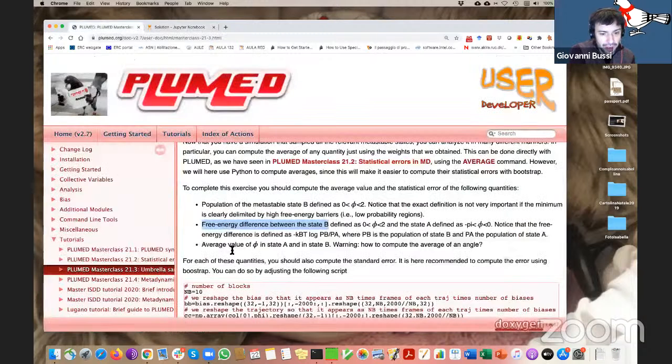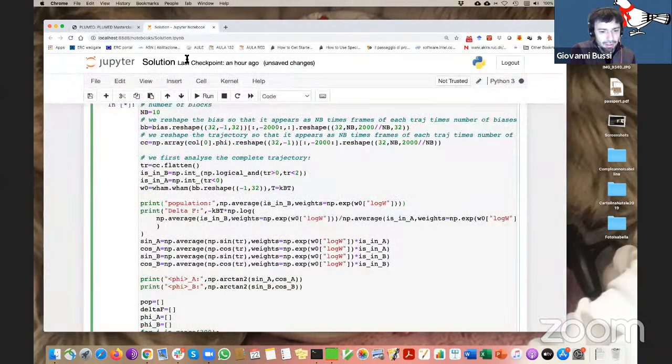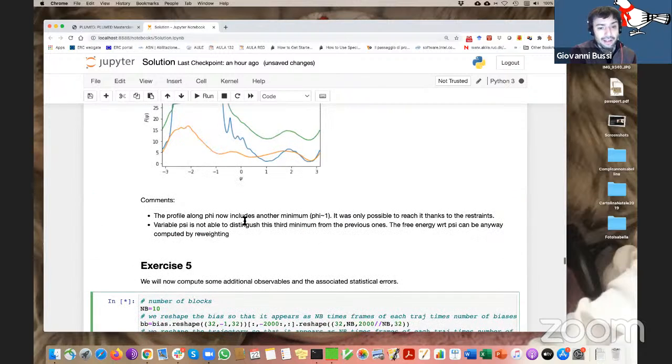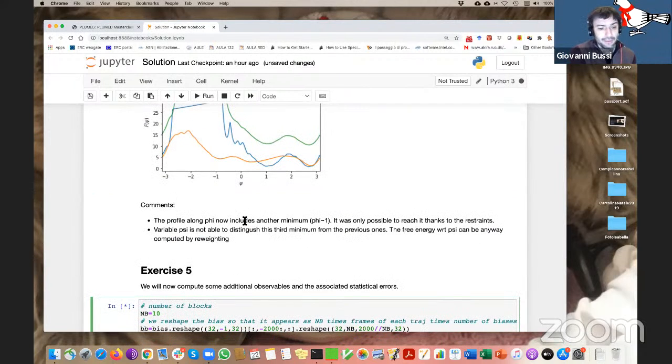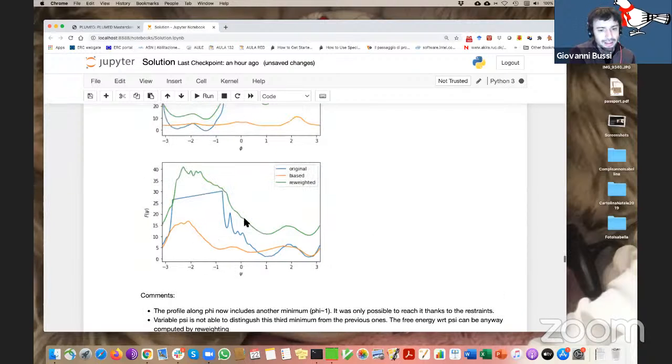Average value of angles. The easiest way to compute the average value of an angle is just to do the average of the angle, but that's not going to work in general. Doing average of angles is very common, and that's why I wanted to put this as a question.